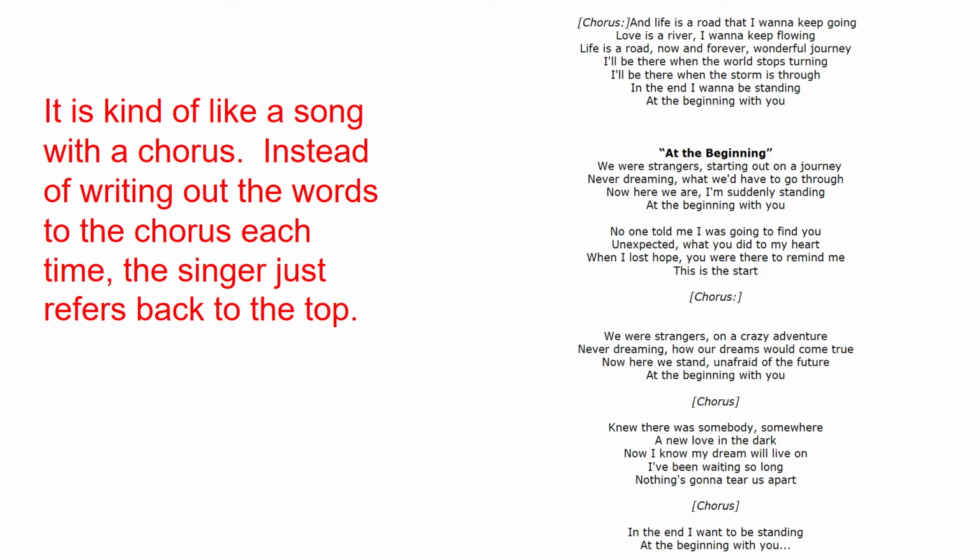So if you started when the song starts with the first verse, when it says chorus, you just know to go up to the top and use that again. So instead of having to write the words to the chorus out each time, you just use the word chorus. And then it saves time, and you don't have to keep copying the code over and over again.